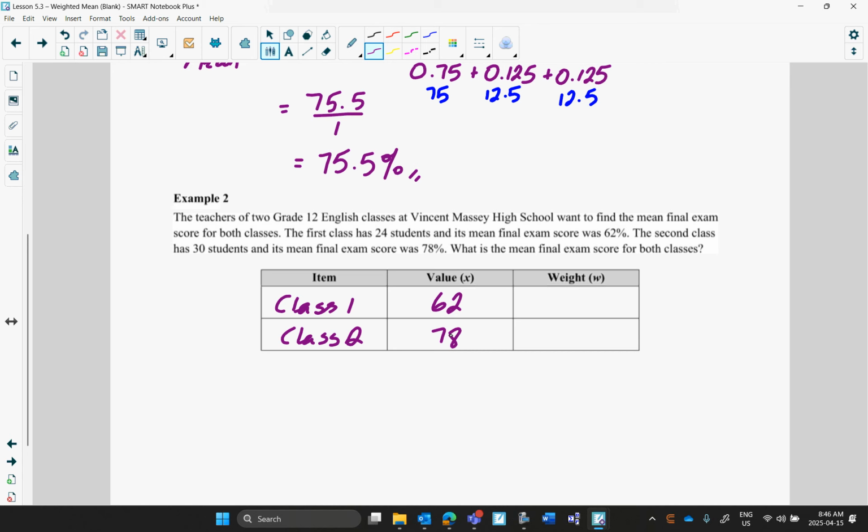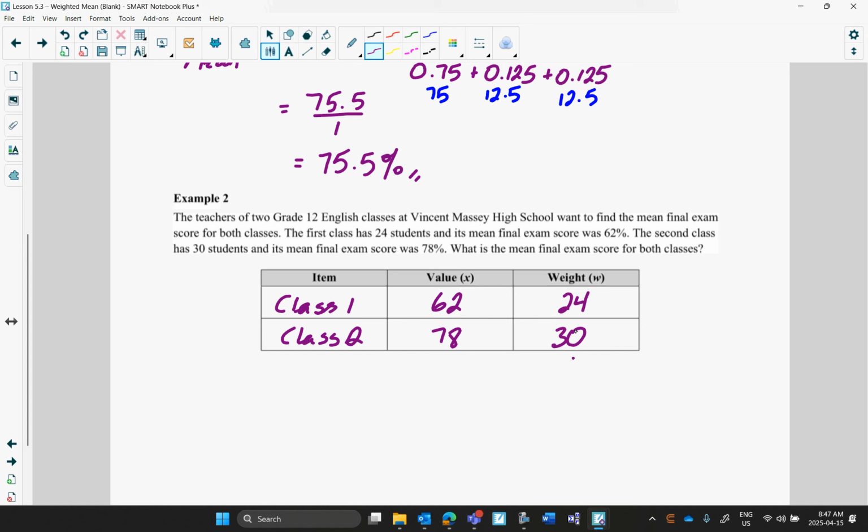But the weights are going to be different because there are more students in one class than in the other. So there are only 24 students in class 1, whereas there are 30 students in class 2. So that means that this class carries more weight because there are more students.